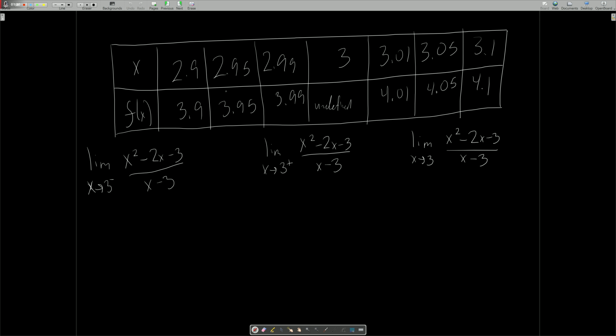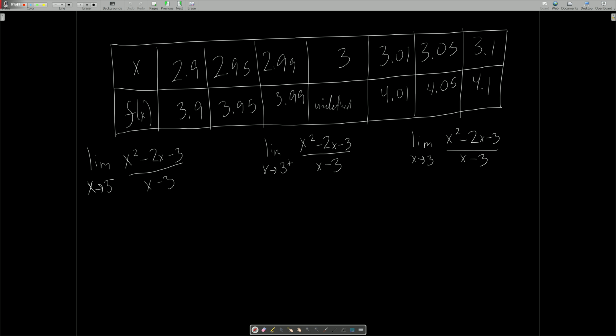So here you have this table of x squared minus 2x minus 3 over x minus 3. And for our x values, we have values that are approaching 3 from both the left and the right. And as you can see, f of x is undefined at 3.